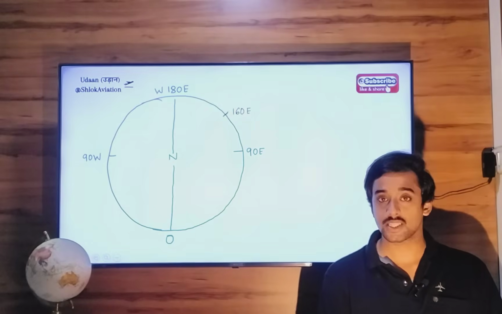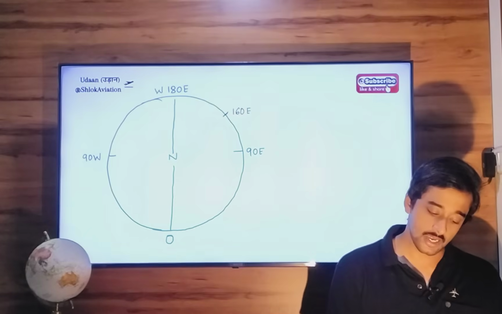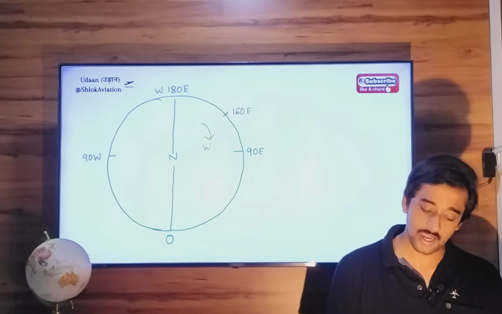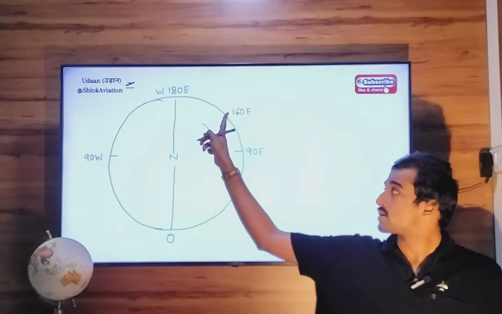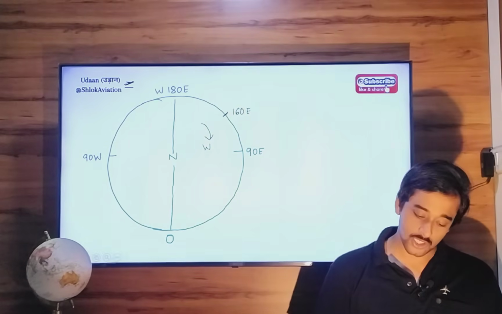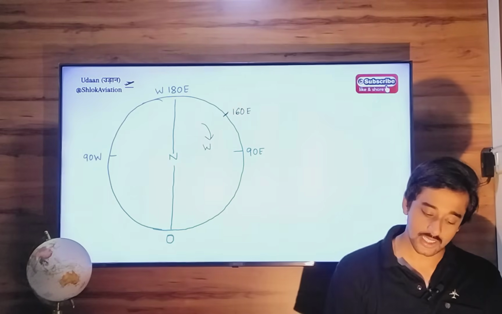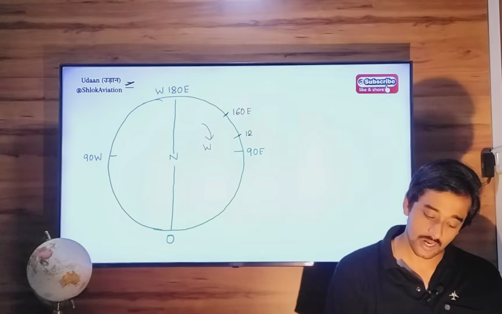Now if you travel, westerly directions are clockwise. So your final destination longitude will be to the west of 160 east. You will have to subtract 160 minus d long 40, which is 120 east.